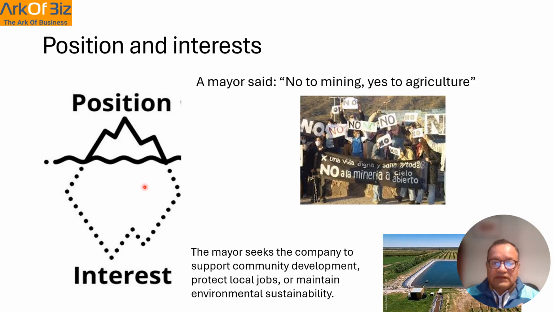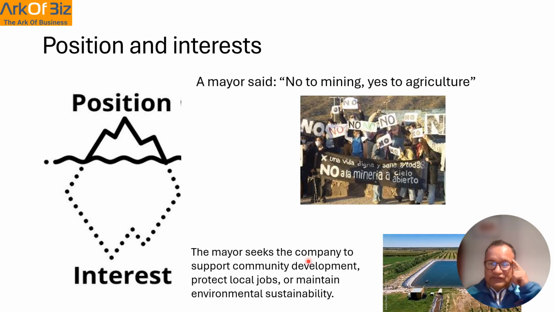For instance, if the mayor demands that the company withdraw, saying no to the mining, yes to the agriculture, that is the position. But their underlying interests may include things like wanting the company to support development, protect local jobs, and maintain environmental sustainability.